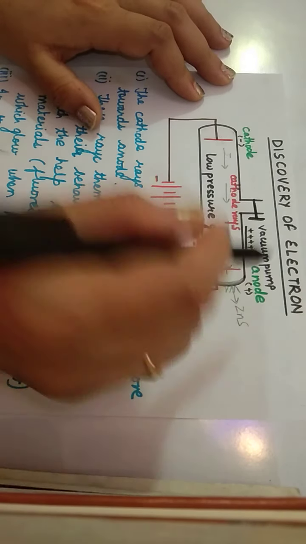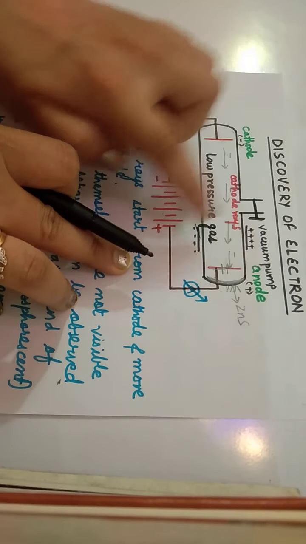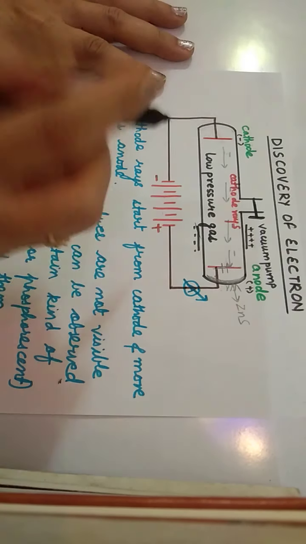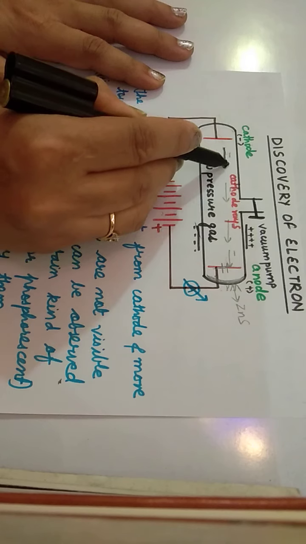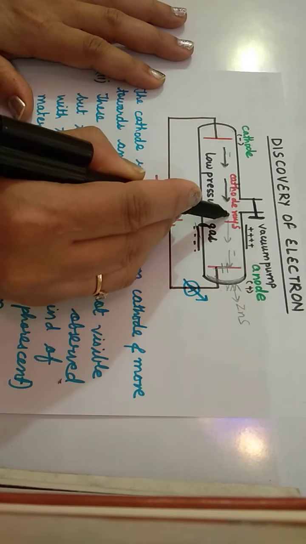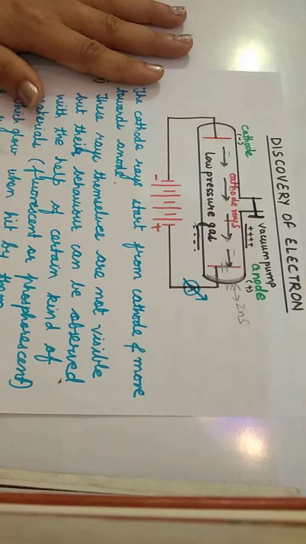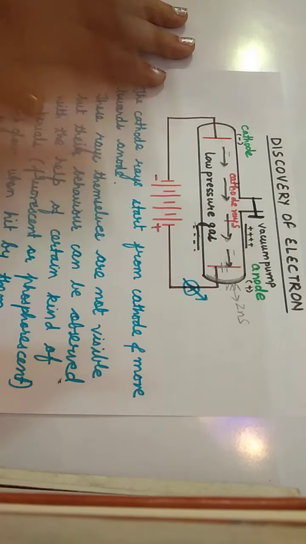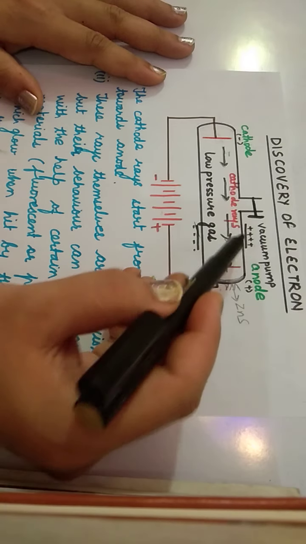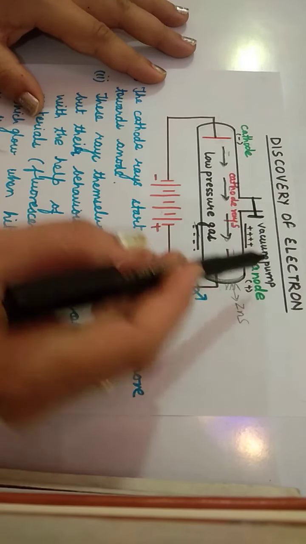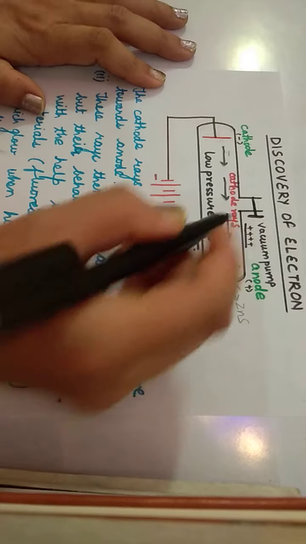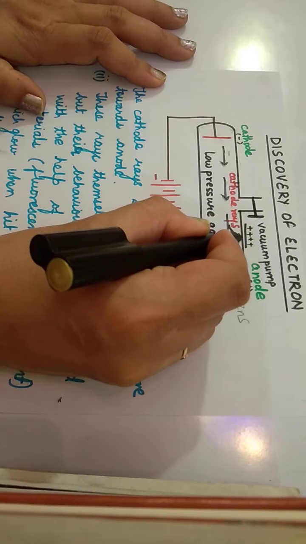What happens when there was no electrical field? At that time these rays were flowing in a straight line.